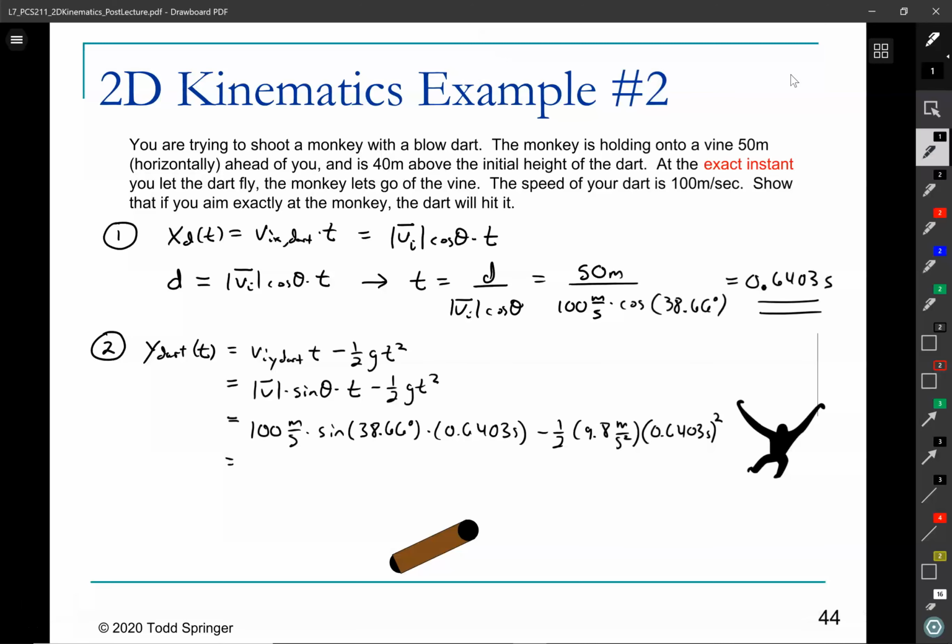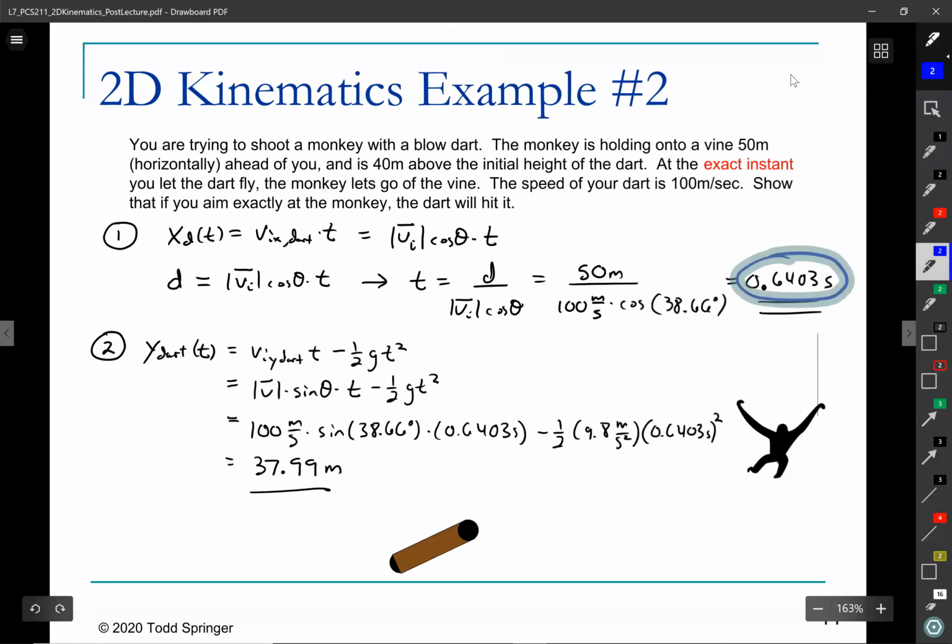I got 37.99 meters. Okay, so after 0.6403 seconds, the dart has coordinates of 50 meters in the x direction, that's how far it's gone, and 37.99 meters in the y direction.